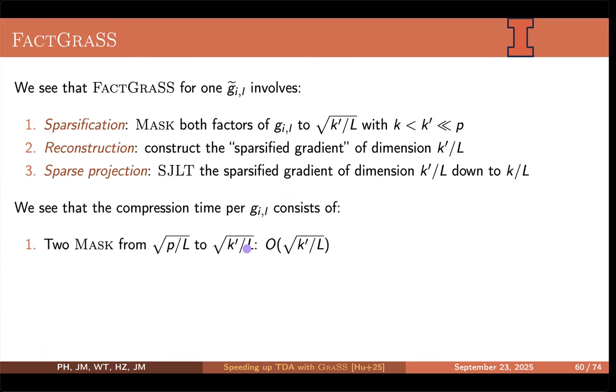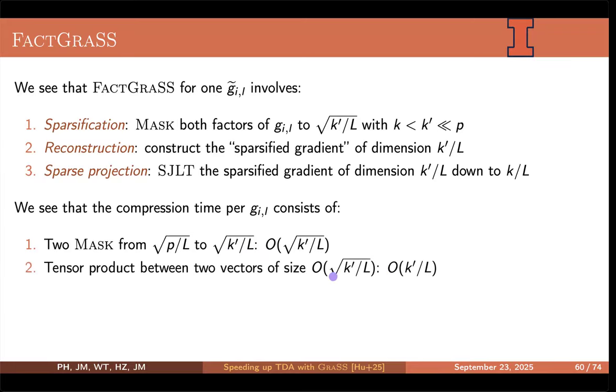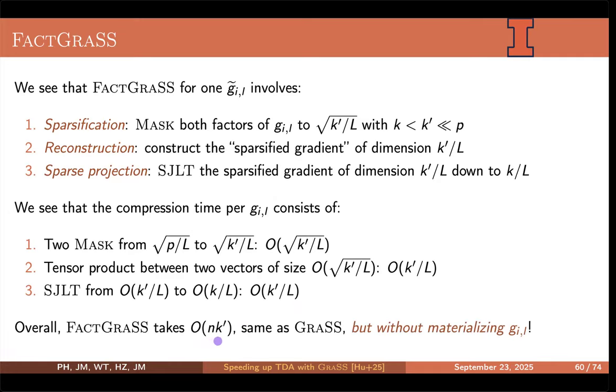For reconstruction, we are doing a tensor product between two vectors of size square root of K prime over L. So overall, it is this square, which is K prime over L. This is the output size of the reconstructed masked vectors. And for SGOT, we know the projection time corresponds to the input size, which is K prime over L. So overall, it still takes O of K prime over L.